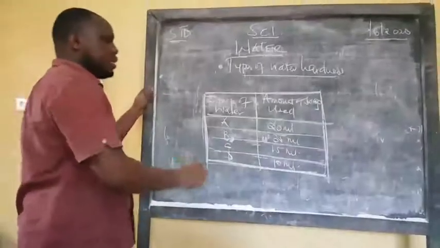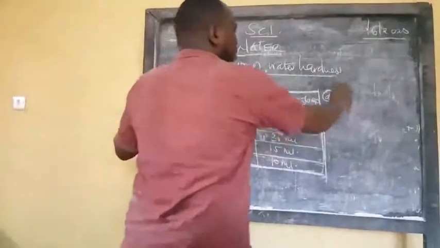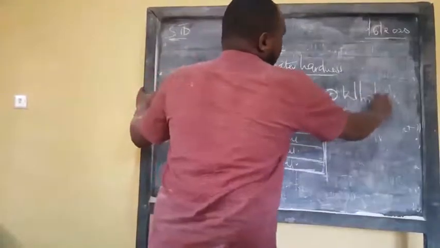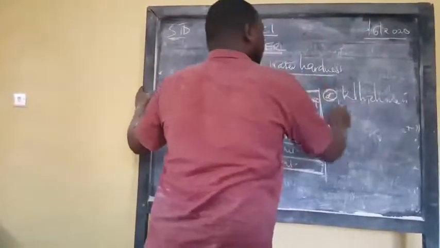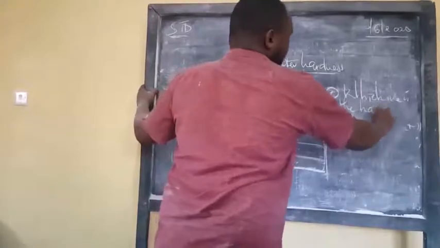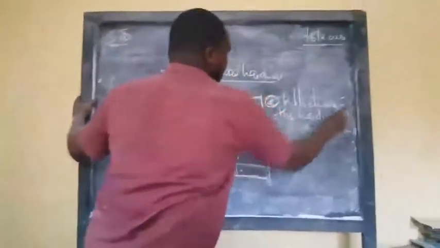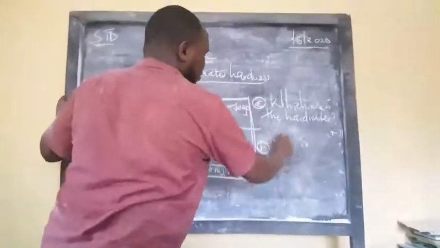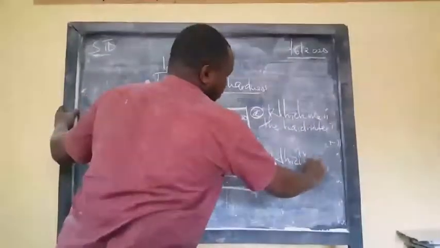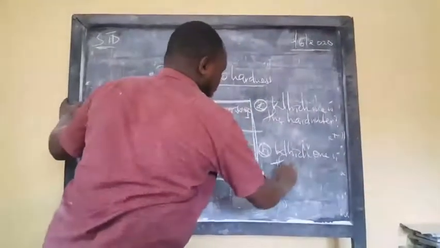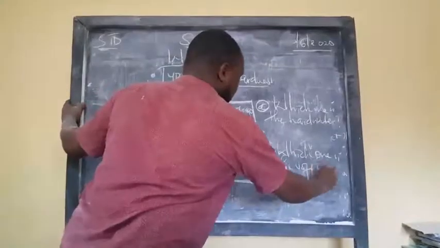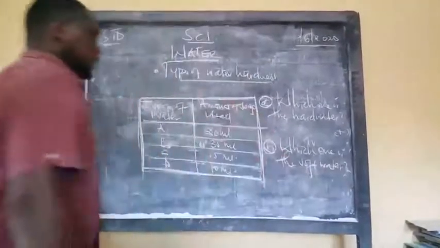Number 1, the question that is asked: A, which one is the hard water? And B, which one is the soft water? We'll be able to understand this.